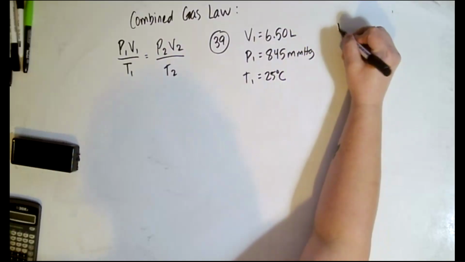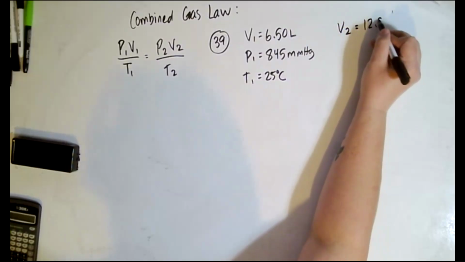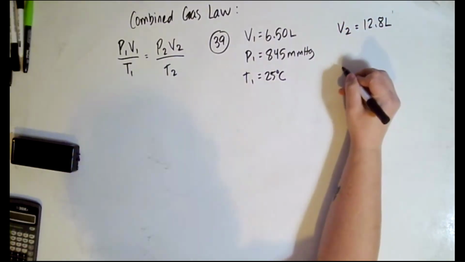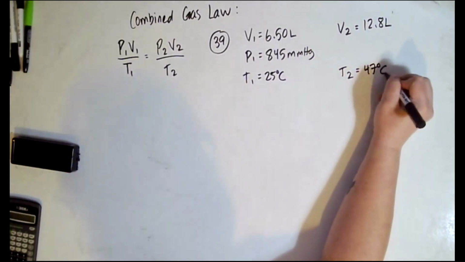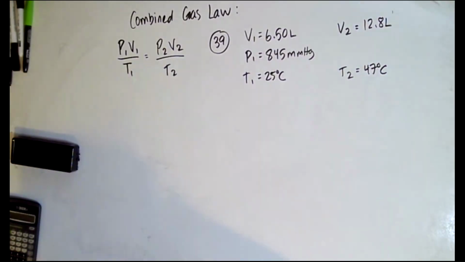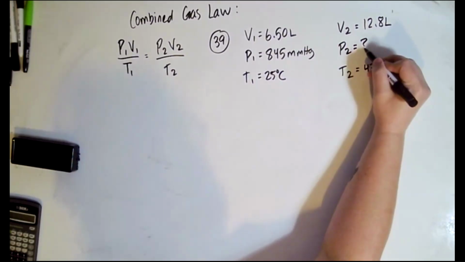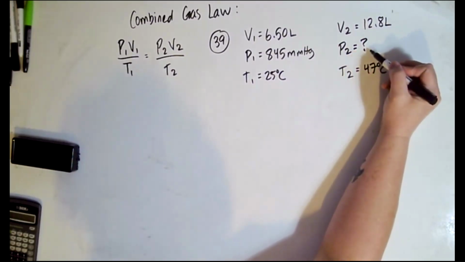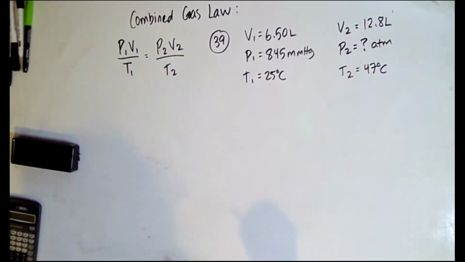And we're going to be changing it to a new volume of 12.8 liters and a new temperature of 47 degrees Celsius. And they want us to find that missing pressure. They also explicitly want us to find that missing pressure in terms of atmosphere.